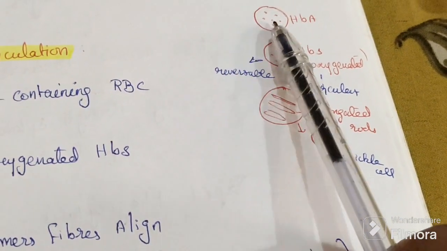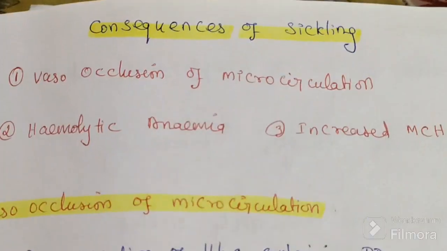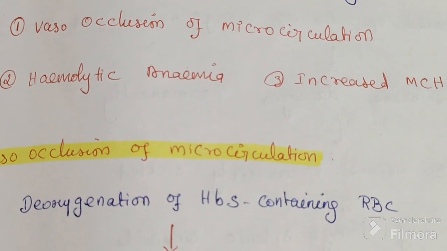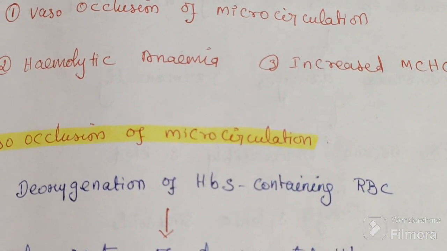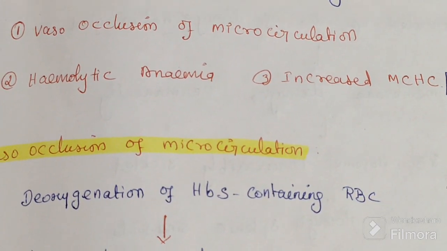This one is the normal hemoglobin, and now it is the elongated rod. The shape of the RBC changes from biconcave to sickle shape, and this is known as sickling. So this is the complete pathogenesis.